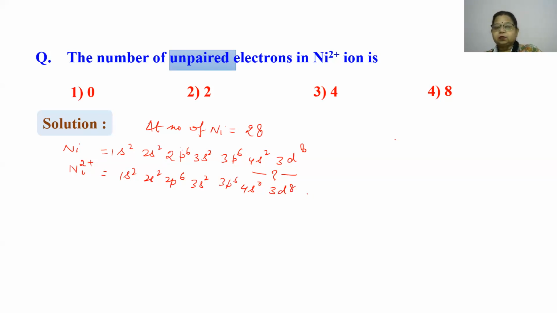That means what we have to draw? Everything in 1s2, 2s2, 2p6, 3s2, 3p6 is paired. 4s has got no electrons. And if I talk about 3d8, would you want to change your answer or will you still stick with 4?